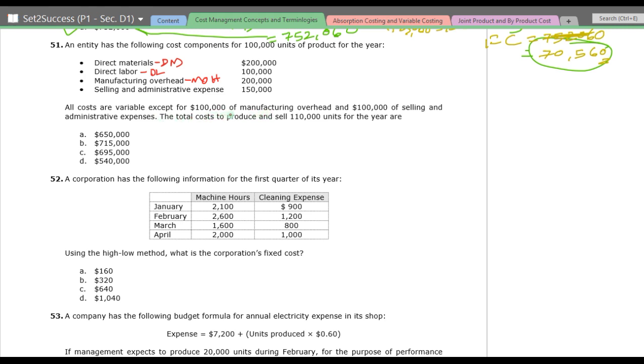This means the 100,000 of manufacturing overhead and 100,000 of selling and administrative expense are fixed cost.